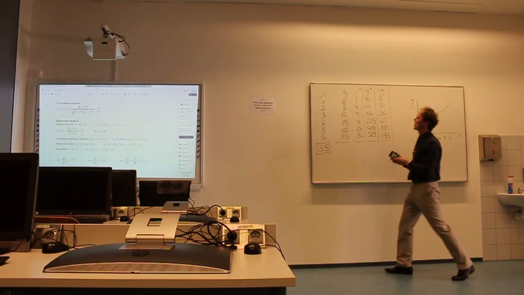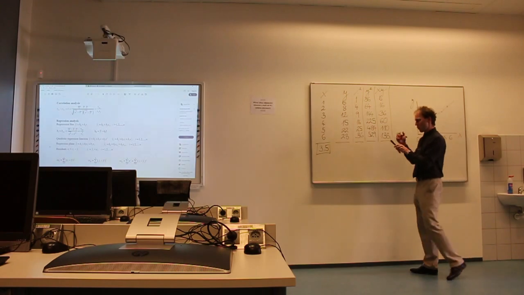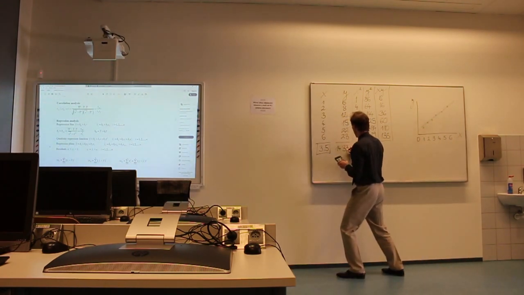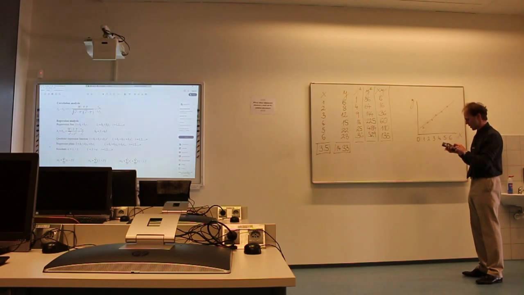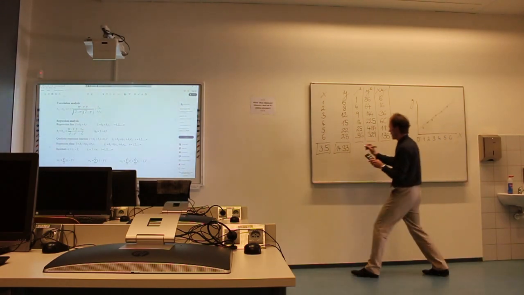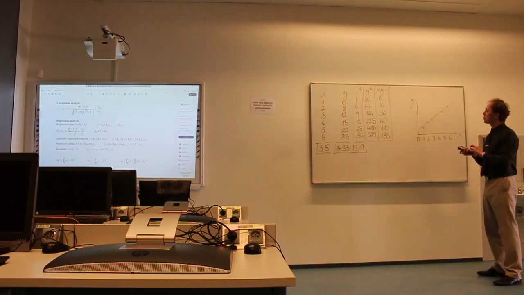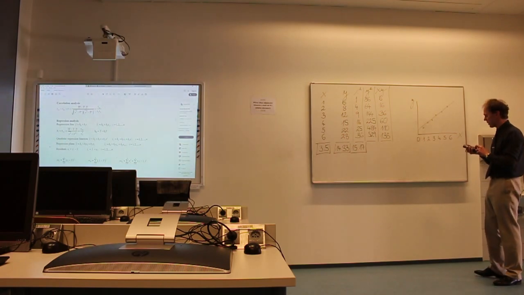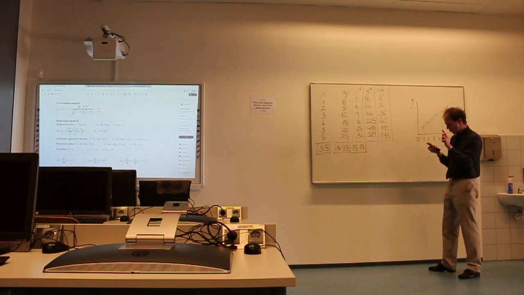So there is the first mean. 6 plus 8 plus 12 plus 15 plus 22 plus 23 divided by 6 is 14.73. That is the second mean. 1 plus 4 plus 9 plus 16 plus 25 plus 36 divided by 6 is 15.17. 36 plus 64 plus 144 plus 225 plus 484 plus 529 divided by 6 is 247.